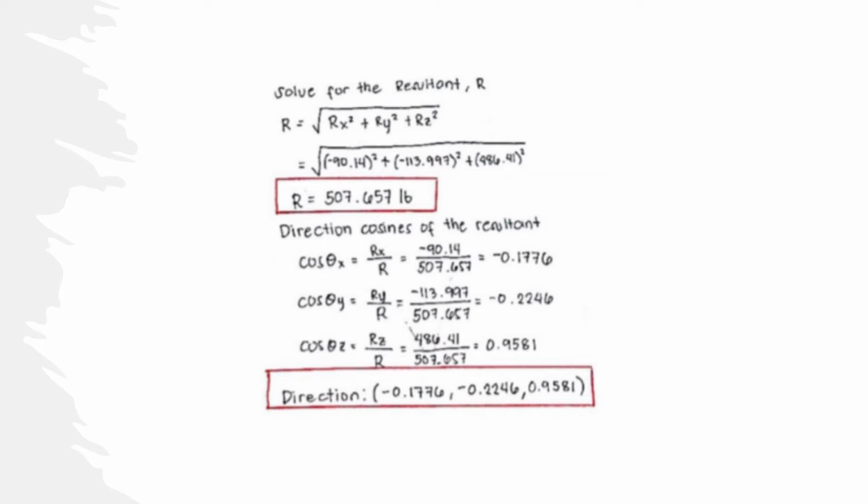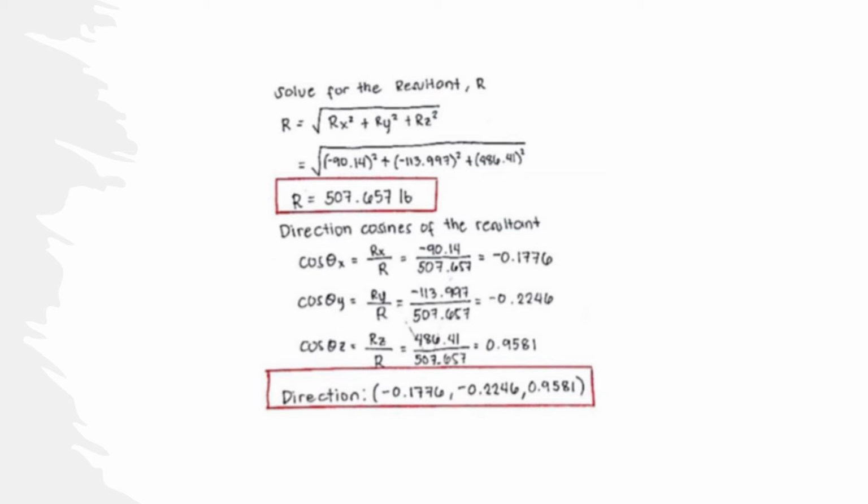And for the direction cosines of the resultant, we need cosine theta x is equal to Rx over R equals negative 90.14 over 507.657 is equal to negative 0.1776, and cosine theta y is equal to Ry over R equals negative 113.997 over 507.657, and we have the answer of negative 0.2246.